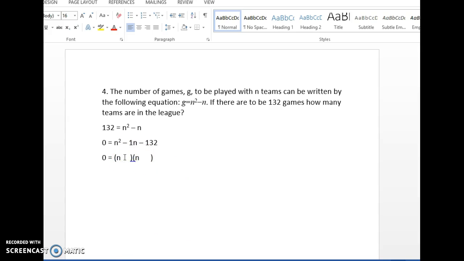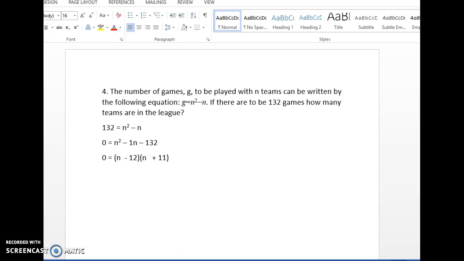And through some trial and error, eventually you should figure out that it's minus 12 and plus 11. You can double check that. Negative 12 times 11 is negative 132, and negative 12n plus 11n is negative 1n.